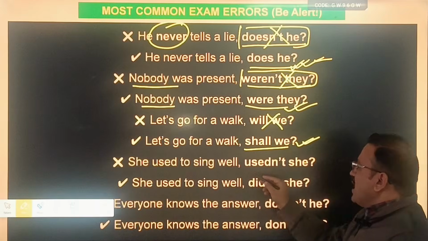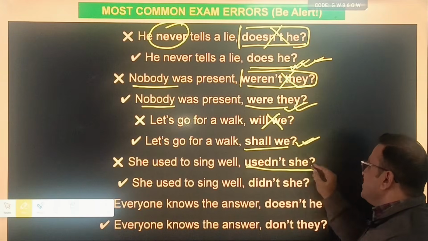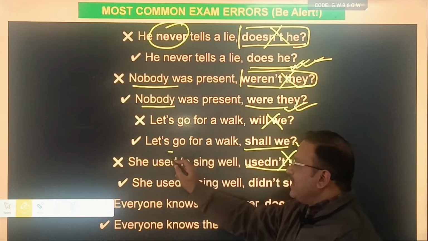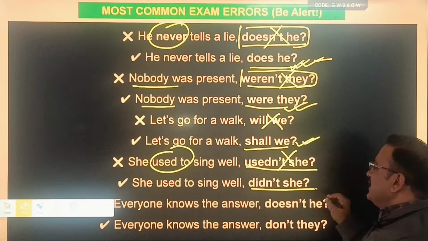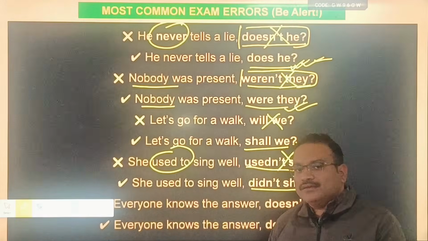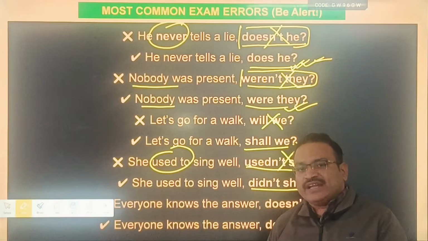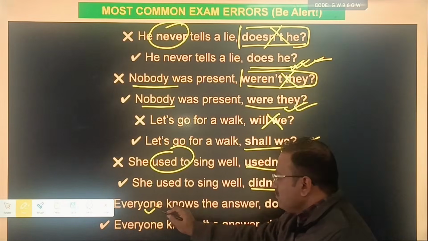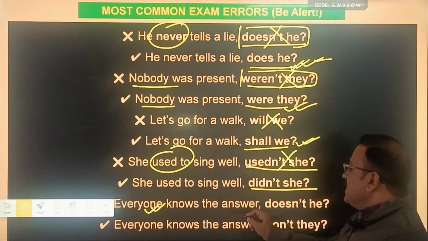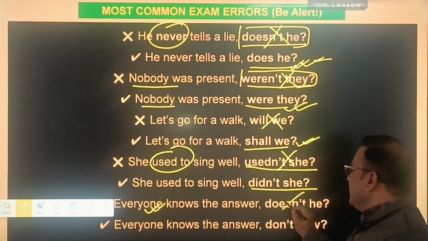She used to sing well. Used not she is wrong. Used to, I have told you that used to, what will be the question tag? Didn't. She will use did in the question tag. Didn't in the question tag. Everyone knows the answer, doesn't he?